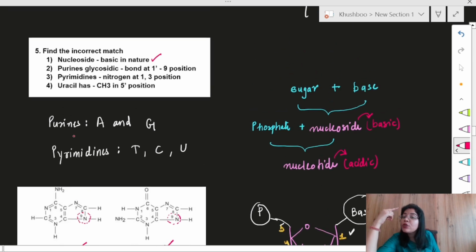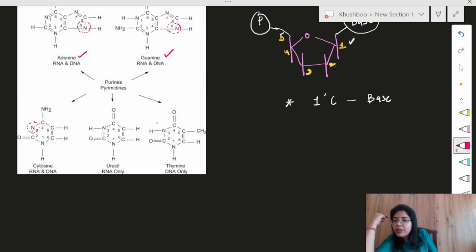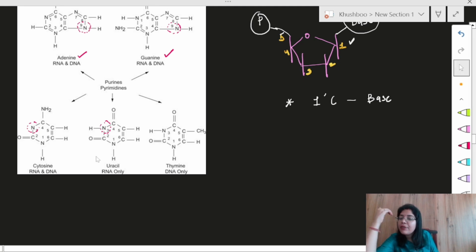In pyrimidine, it is not ninth, it is the third position, right? In pyrimidine, you can see the third position. On the third position also, nitrogen is there. That will attach with the carbon of the sugar, right? So you can see very well here. Okay, I marked here uracil. I'm sorry, it should be thymine.